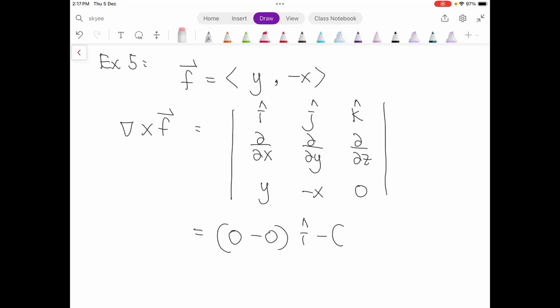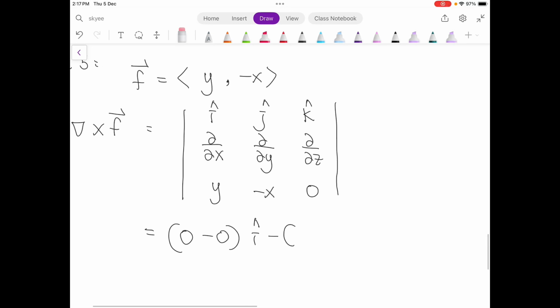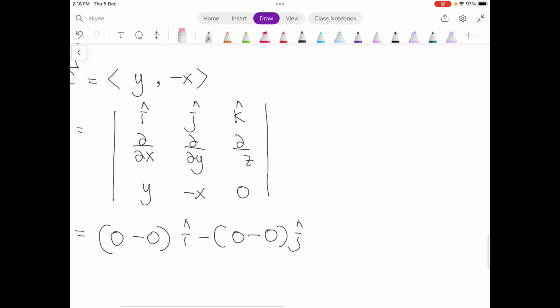And then for the j component, it will be 0 minus, and this one you're going to deal with this. You cannot differentiate with respect to x, you get nothing, so still 0. And lastly you have the z component where you hide the last column.